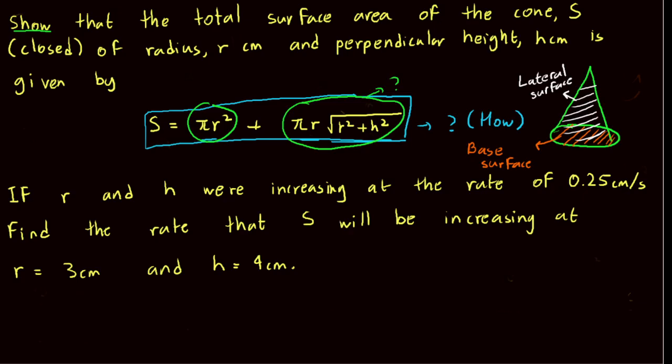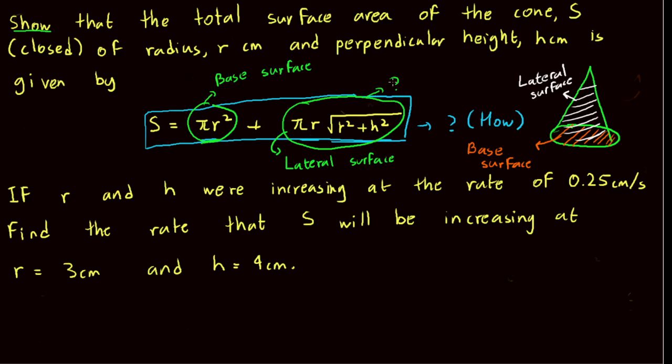You can see that this formula I've circled here initially is related to the base surface. We all know that the area of a full circle is obviously pi r squared. There's no debate about that. And this one is the lateral surface. They want to know how we end up coming to this formula.